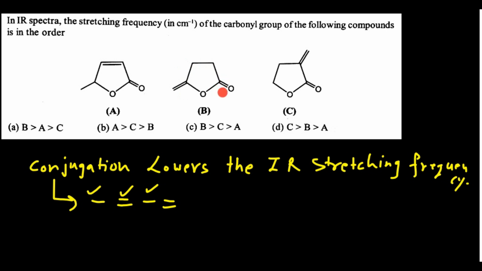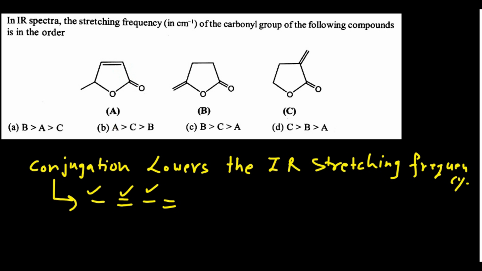It is non-conjugated, and it will have the highest value of stretching frequency. So in the options you can check for the ones in which B has the highest frequency, and opt for them. The other two options you can discard. Here it is saying that A has the highest, but A has conjugation, and conjugation lowers the stretching frequency.